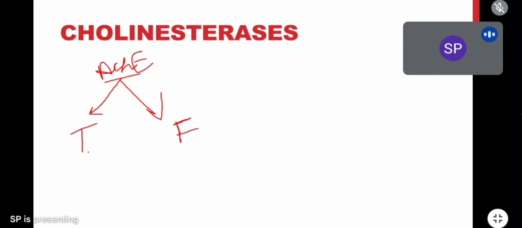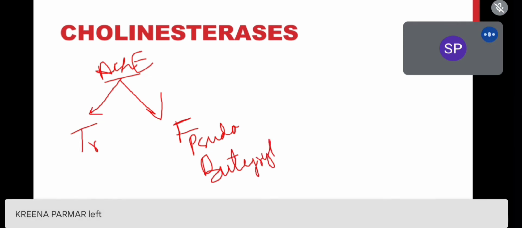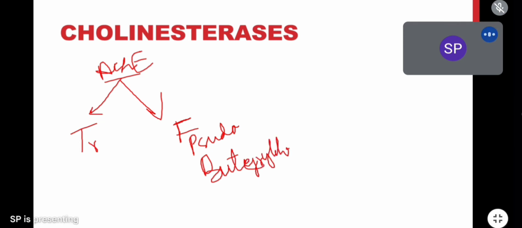One is called true acetylcholinesterase enzyme and the second one is false, also called pseudo acetylcholinesterase, or butyrylcholinesterase. Acetylcholinesterase enzymes have two types: true acetylcholinesterase and pseudo acetylcholinesterase, or butyrylcholinesterase.